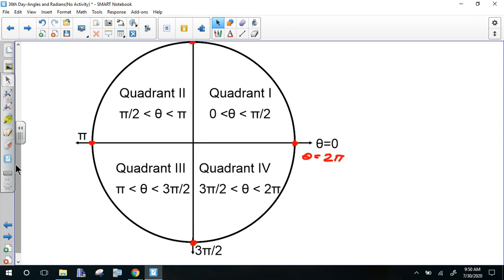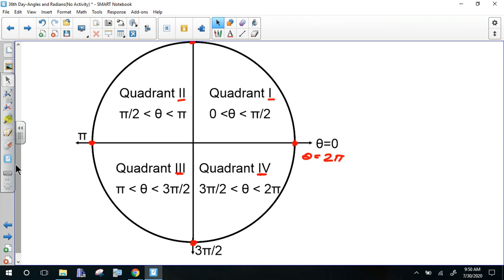Since it's on a coordinate plane, remember the quadrants of your coordinate plane. They start in the top right, quadrant 1, and go counterclockwise. Here's quadrant 2, quadrant 3, quadrant 4. So any angle in quadrant 1 is going to be between 0 and pi over 2 radians.